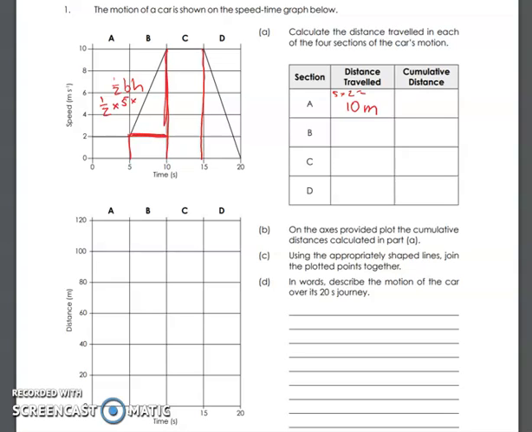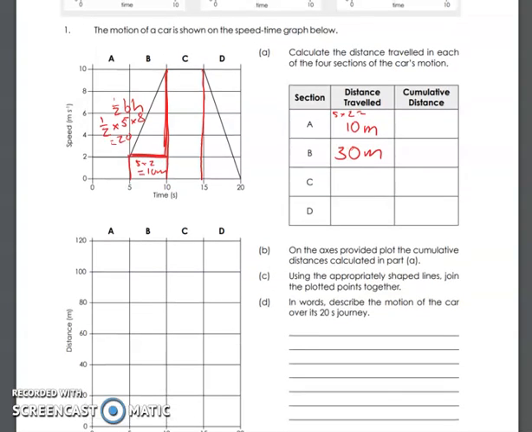The height is 8. Half times 5 times 8 is 20. And then we also calculate the area of that rectangle. So base times height, the base is 5, the height is 2, so 10 meters. We add those together to give us the total distance travelled in section B. So 20 plus 10 gives us 30 meters.